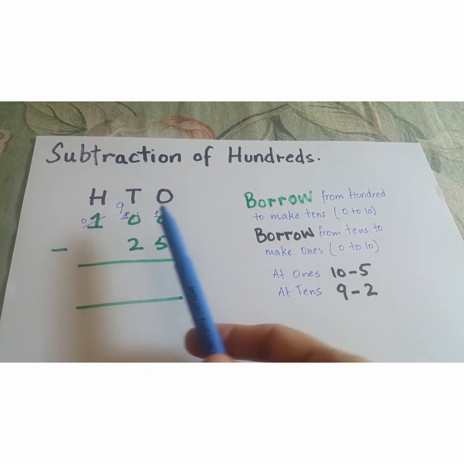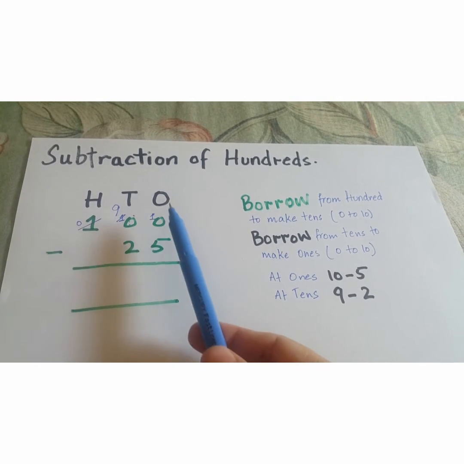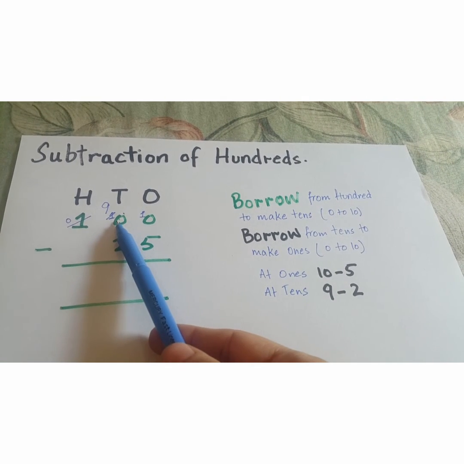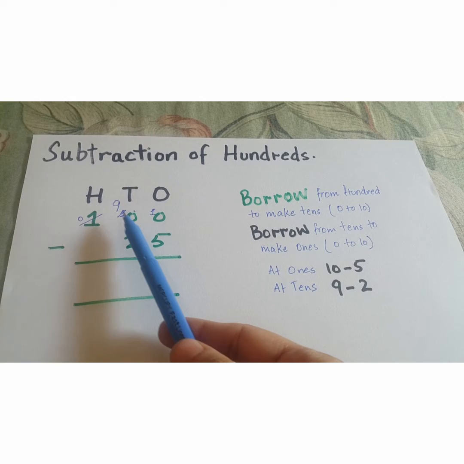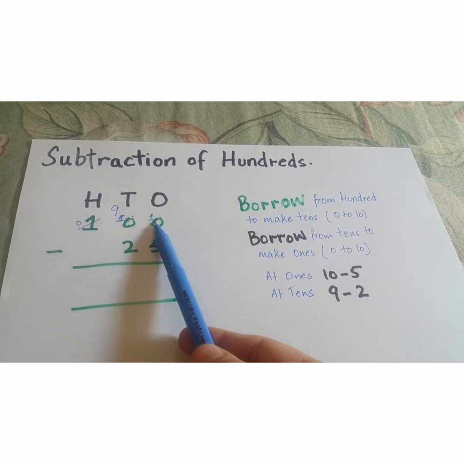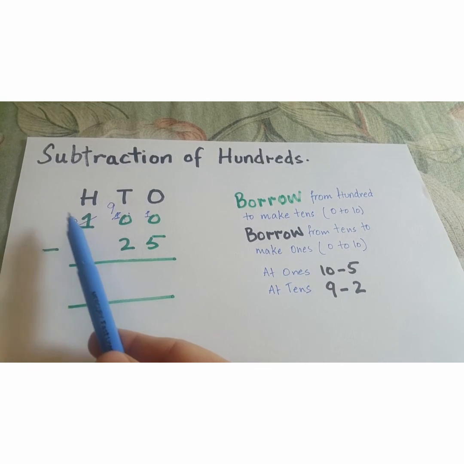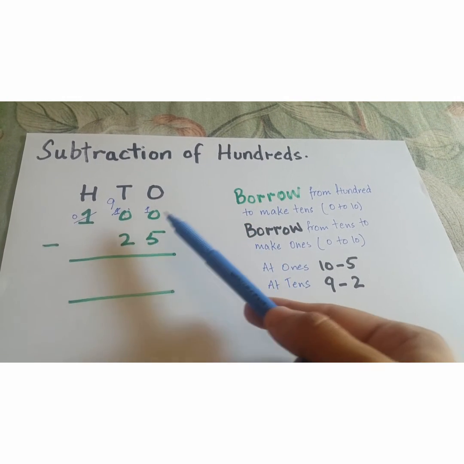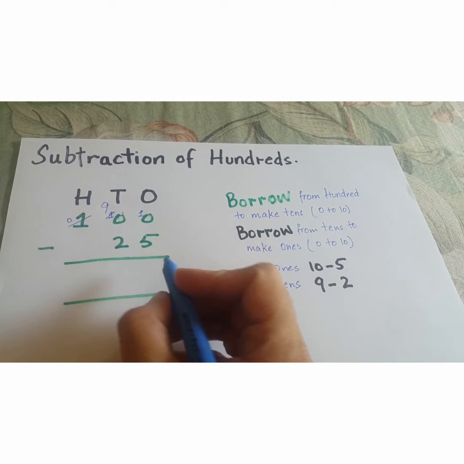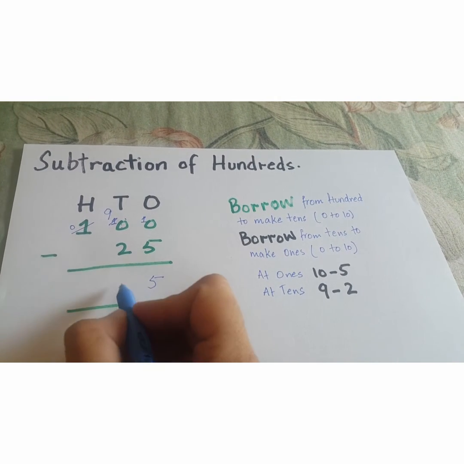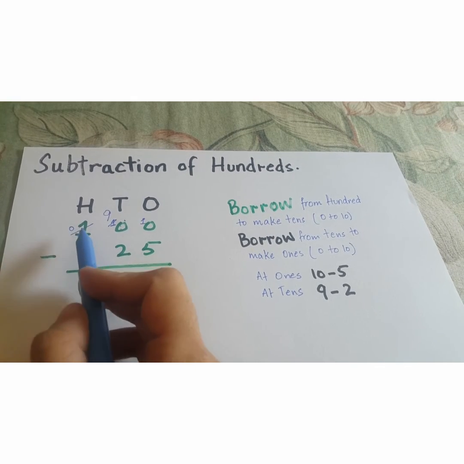We have borrowed 1 from the tens column to make the ones 10, and as this was 10, when we take out 1 from it, what is left? 9. And in the hundreds column we have 0. Now 10 minus 5 we get 5, and 9 minus 2 we get 7, and this is 0.